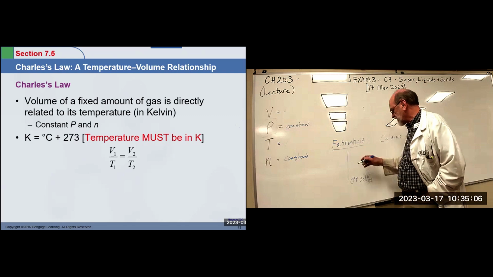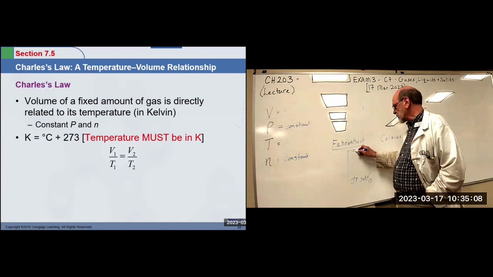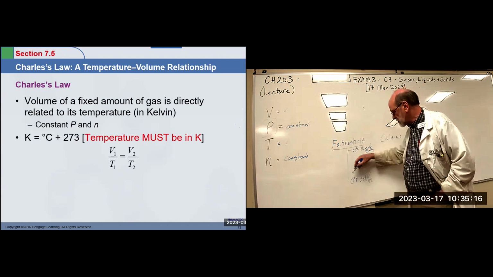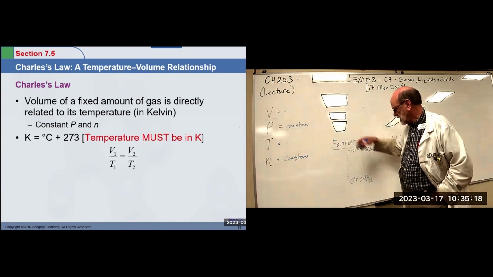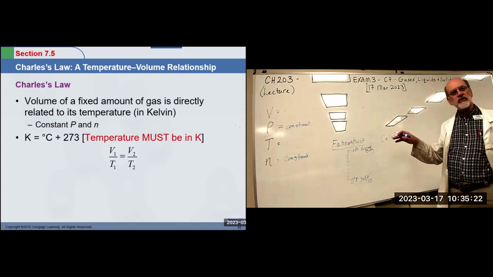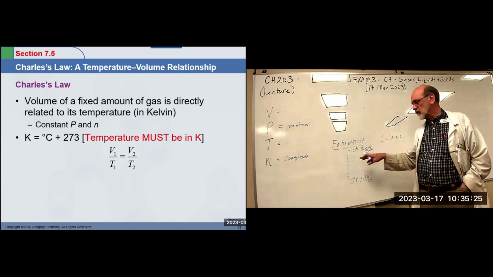That's as cold as he could get the temperature. And 100 degrees was considered normal body temperature. So then he just divided it into 100 units. And within the tube that he was using was mercury.